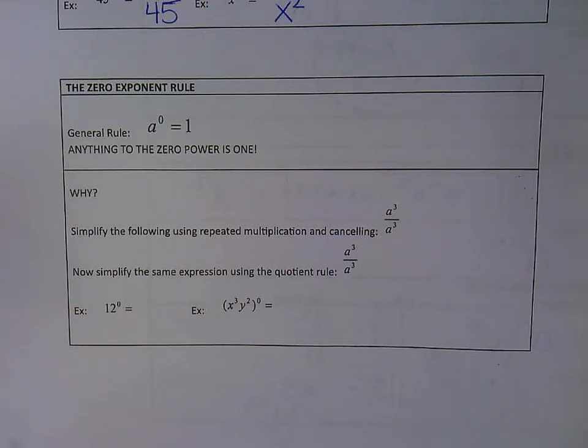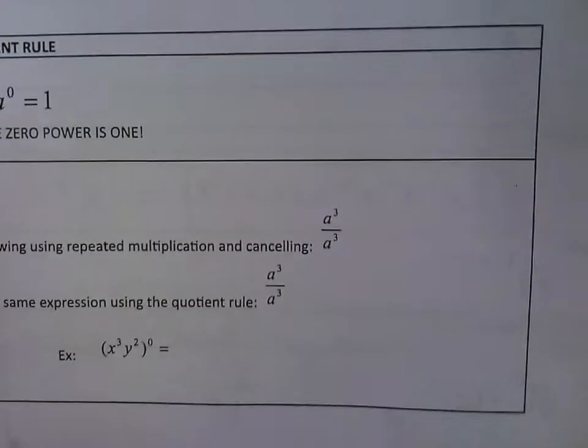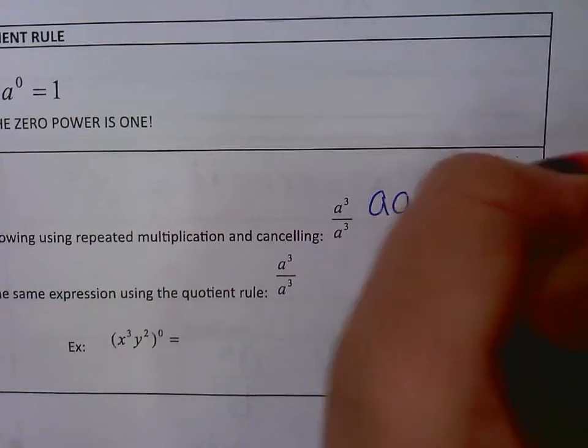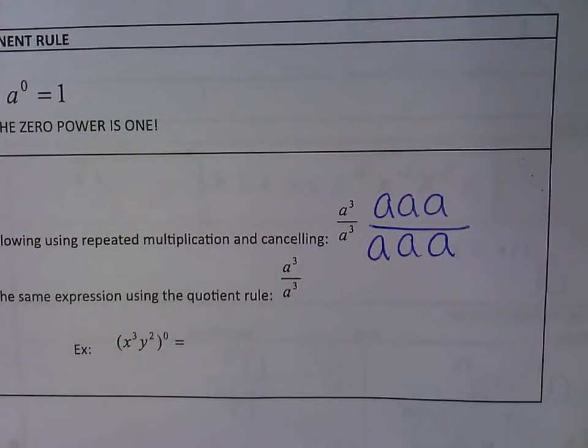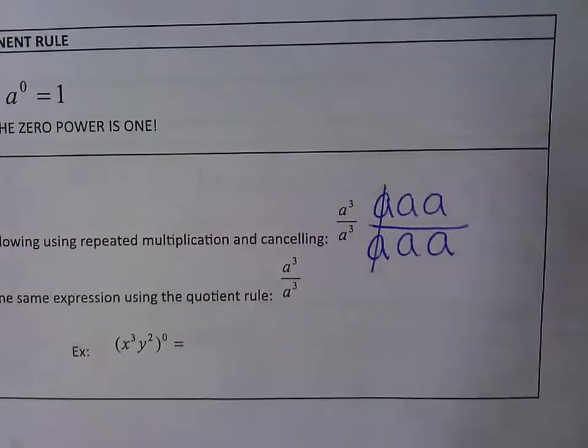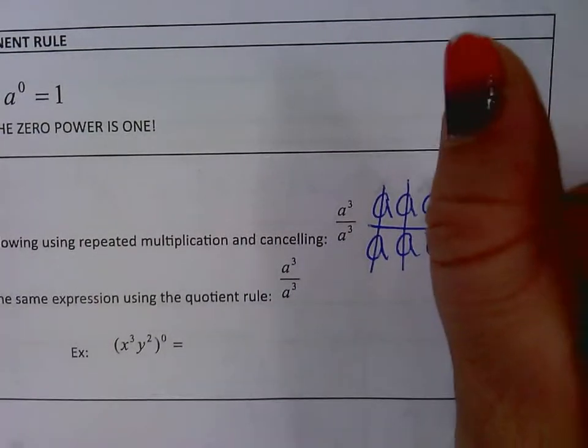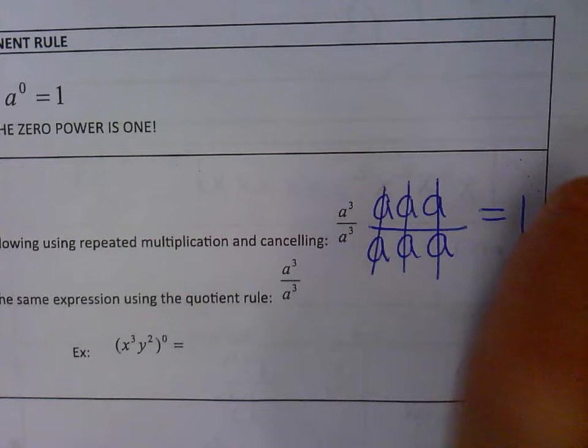So another way to prove the 0 property is, let's do again repeated multiplication and canceling. So if you had a cubed, you have a times a times a over a times a times a. Well, that cancels, that cancels, that cancels. Anything divided by itself is 1.